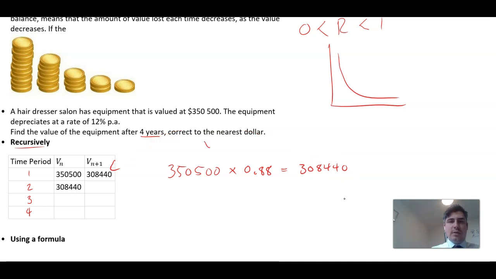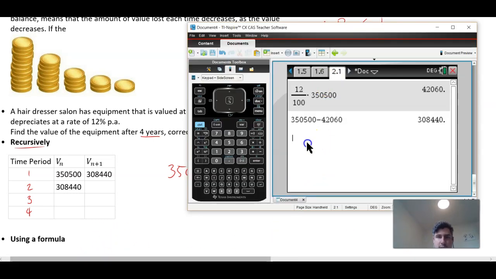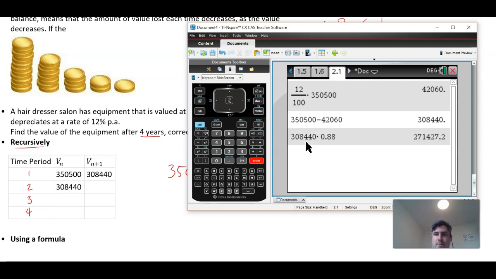Okay, and this is the recursive way of doing it using the recurrence relation Vn+1 equals 1 plus or minus r over 100 times Vn. It's much more efficient to do it like this. So that's how we're going to do it for the rest of them. I'm going to use my calculator. I'm going to get 308,440, and times by 0.88, and that's going to get me my next value.